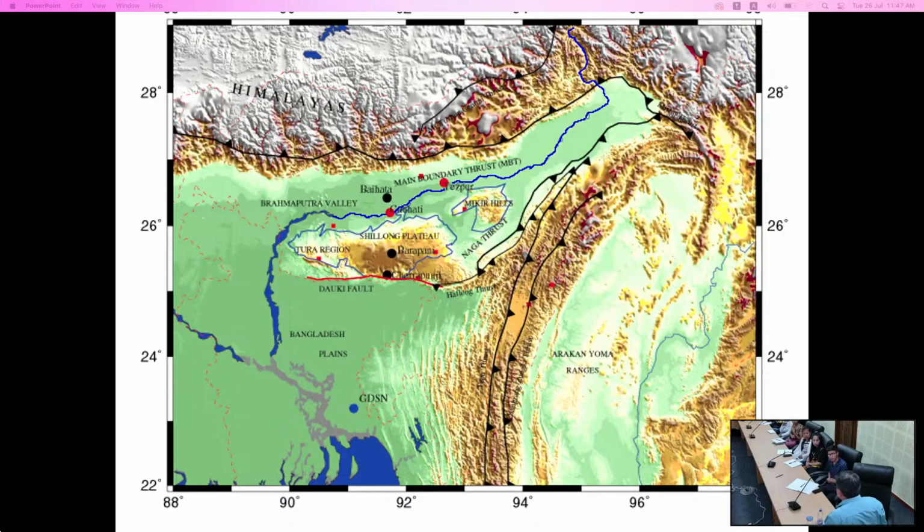Go to Google Map, see the map of Northeast India, see the map of the Himalayas, see the map of the entire Northeast India, Assam. You can differentiate just by seeing what is hill, what is valley, what is plain. You can understand, right? Nobody will teach you all these small things. You have to learn yourself.